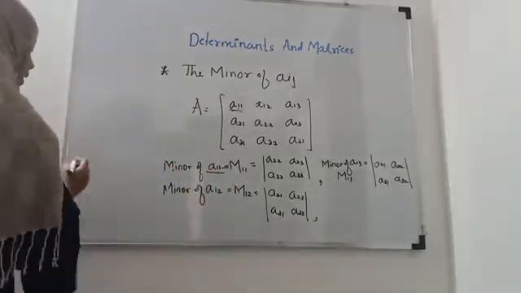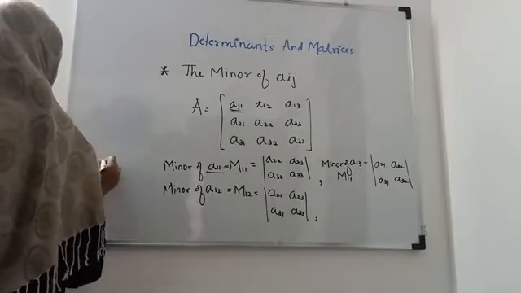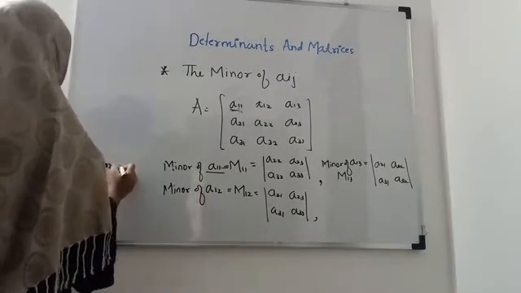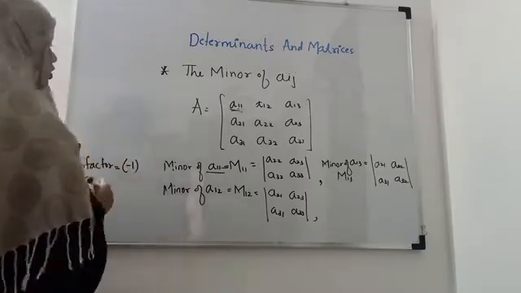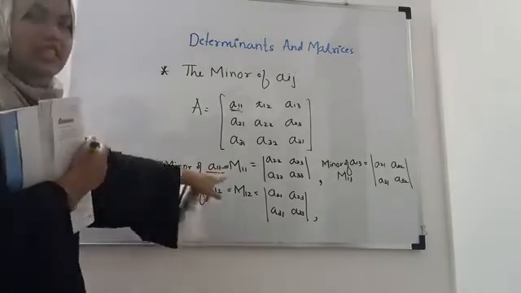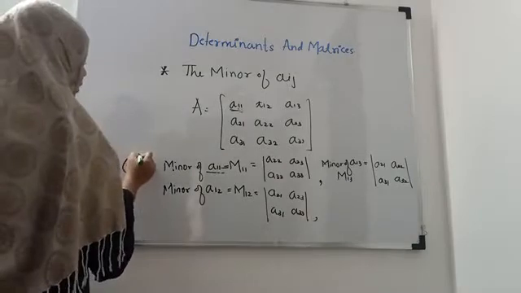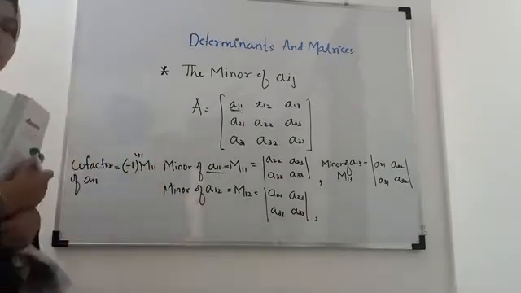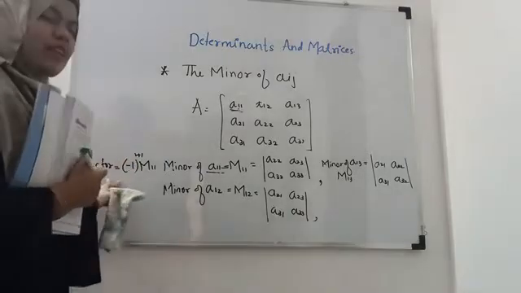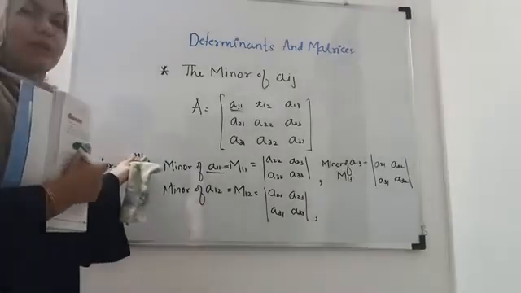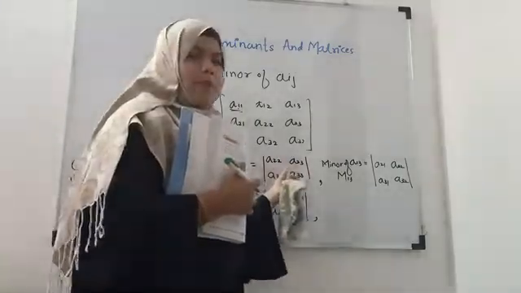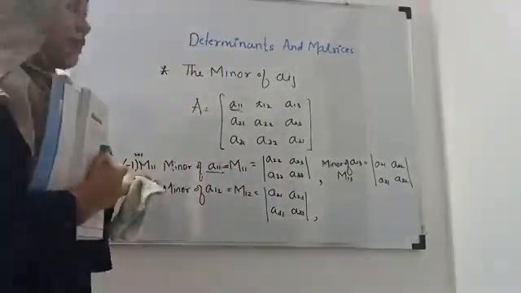It equals minus 1 raised to, since here 1 1 is there, 1 plus 1, into M11. So the cofactor will be minus 1 raised to 1 plus 1 into M11. M11 means the minor. Whatever answer comes here, we have to write it here.